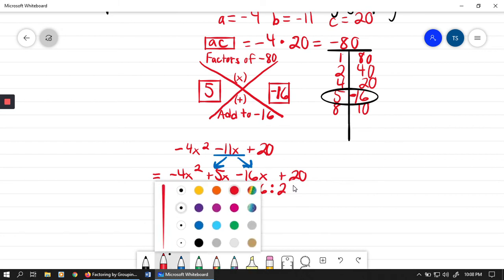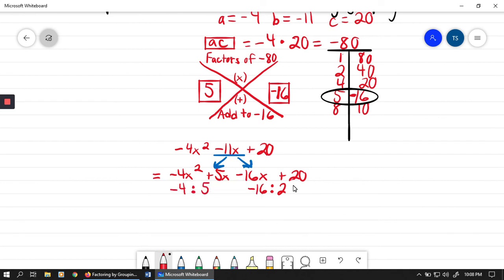However, let me state something here. Whenever we are looking at these coefficients, if the signs do not match up, notice how the sign is a negative for the first one, but a positive for the next: a negative 4, a positive 5.